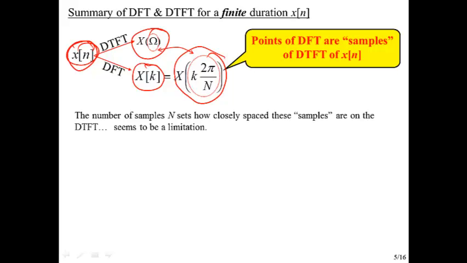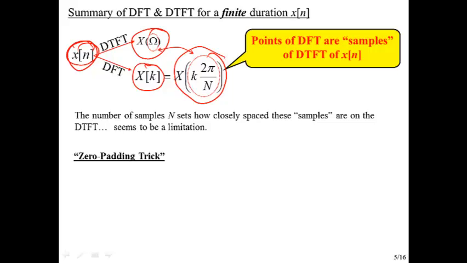Now, the number of samples that we have sets how closely spaced these DFT points are. Now, that seems to be some sort of limitation, but let's just show a little trick here. This is that zero padding trick that we've been alluding to. And this is not just limited to the finite duration case. We'll be talking about it, using it for the infinite duration case as well.